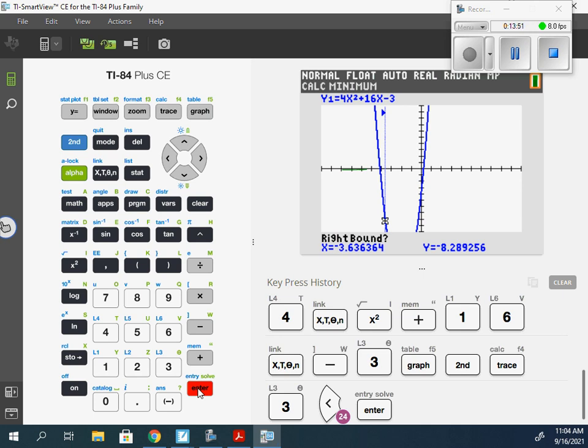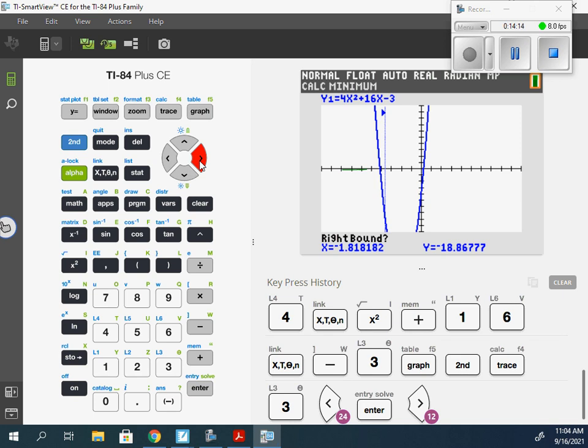Now we need it to the right of the lowest value, yes? Well, here y is negative 8.28, negative 10, negative 11, negative 13, negative 14, negative 15, 16, 17, 18, 18.9. Well, wait a minute.